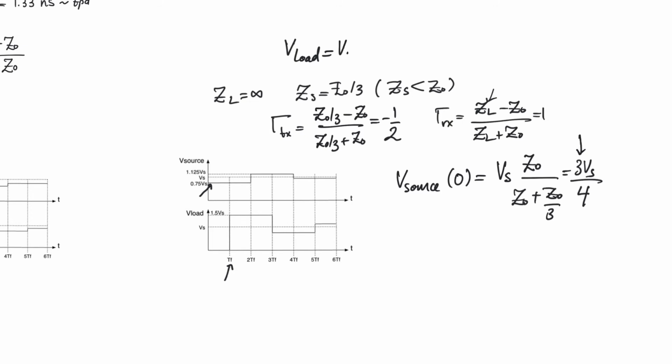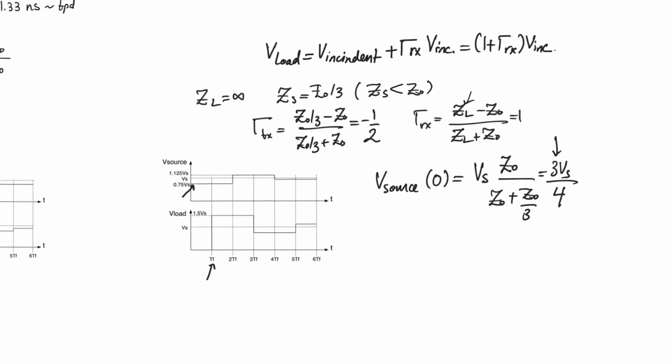So we're just going to see V incident, but we're also going to see a reflection of V incident, so it's plus gamma Rx times V incident. And so it's going to be 1 plus gamma Rx times V incident, which is 2 times 3 over 4 Vs, which means we're going to observe 1.5 Vs.